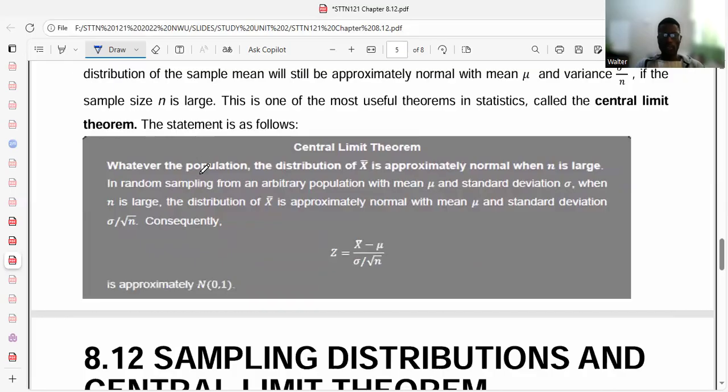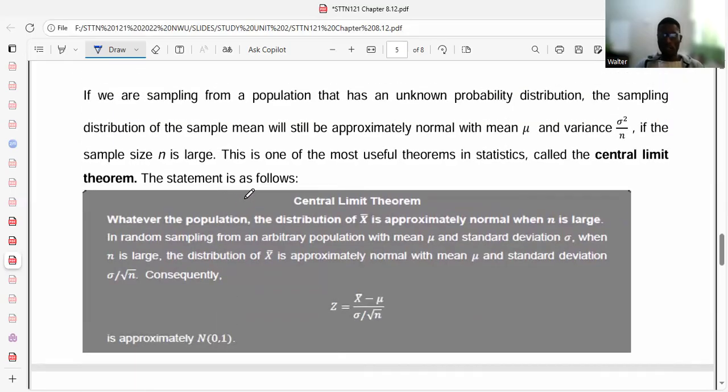And then this is the definition of the central limit theorem. This is very important, guys. You remember under the sampling, it was the continuous probability distribution. We said z is equal to x minus the population mean divided by the population standard deviation.